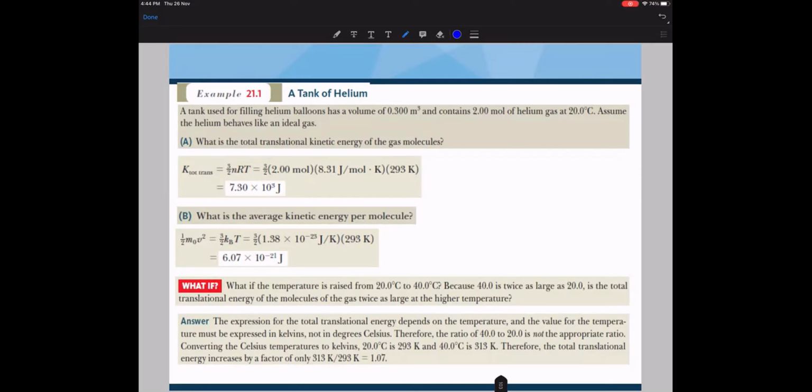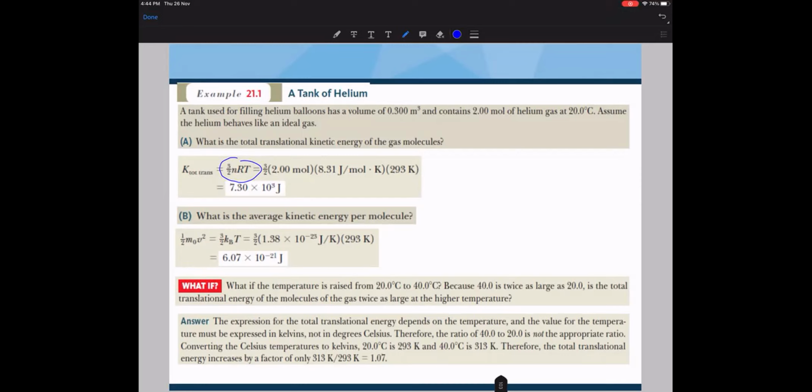For the helium, the total internal energy, the translational kinetic energy, as we just discussed, is equal to 3/2 nRT, referring to the translational motion of the molecules.